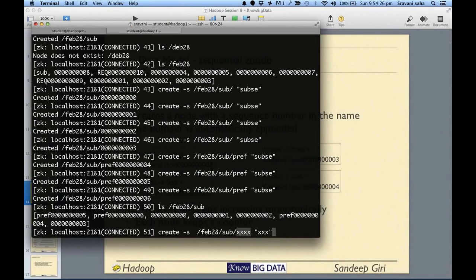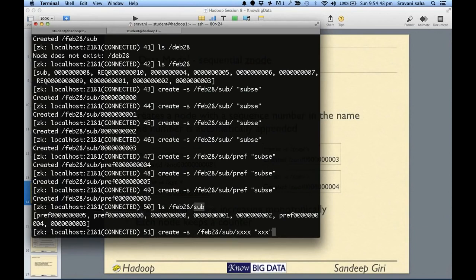We are just creating another sub node under sub. Prefix we are providing xxx, so it will be xxx and then 0007, right? So sub already has a running count of 6.